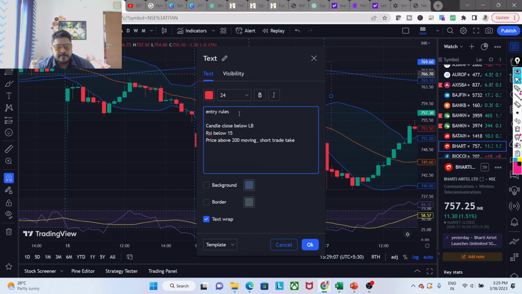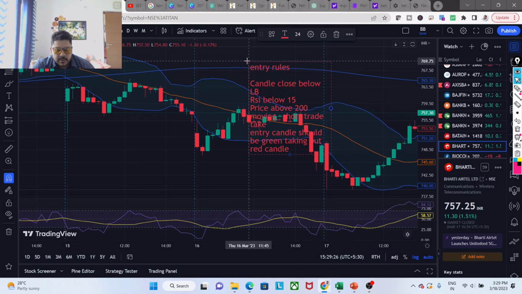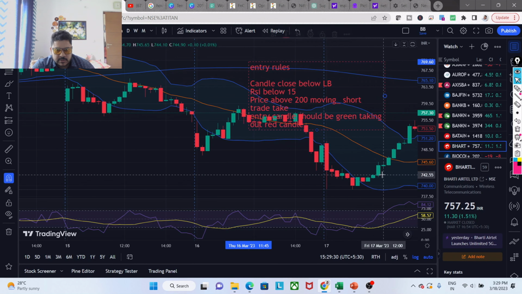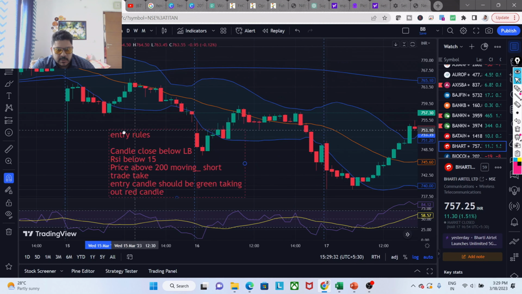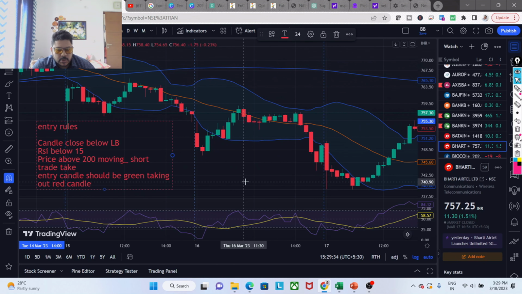And then entry will be, entry candle should be green, taking out the red candle. Okay, so these are the rules which you have to follow for entry on Bollinger Bands. So these can be the rules for short entry also. Short entry, same rule.